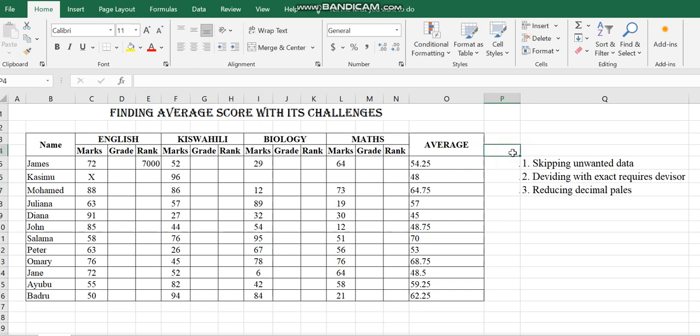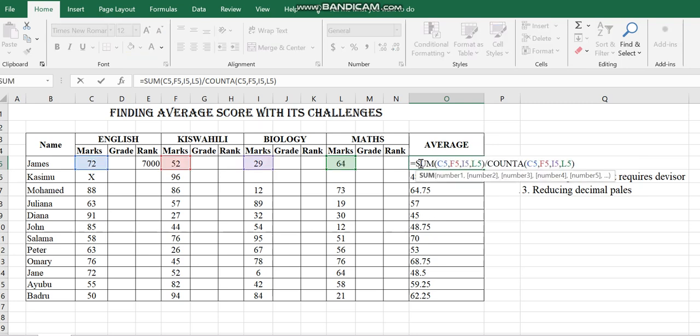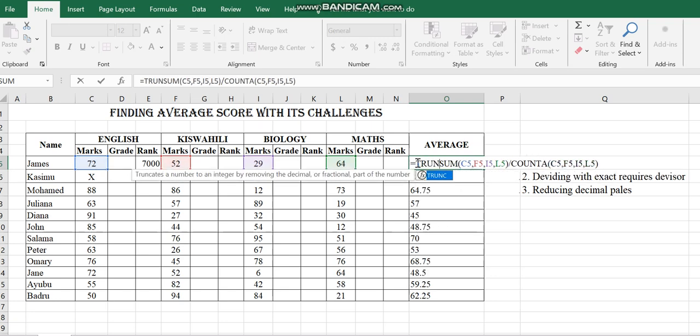Challenge number 3 is reducing the decimal places. There are some cases where these decimal places will be a bit so long, so it won't be impressive. So we're in need of reducing them. How do we do it? Then we come to the formula. Before all, you write trunc, the short form of truncate.